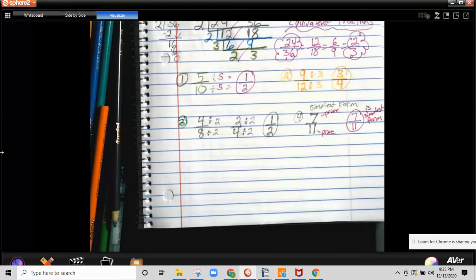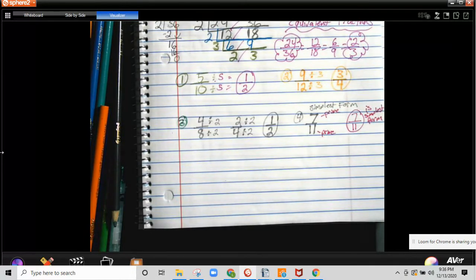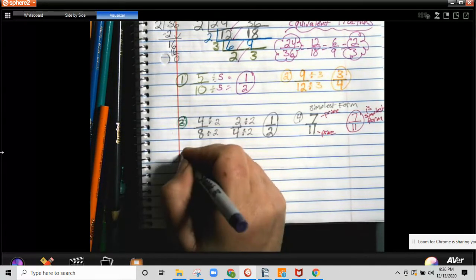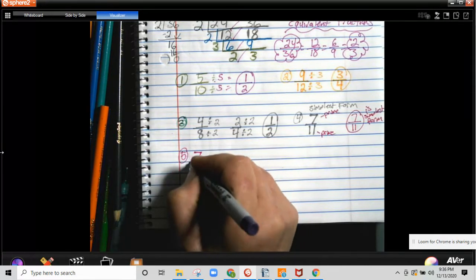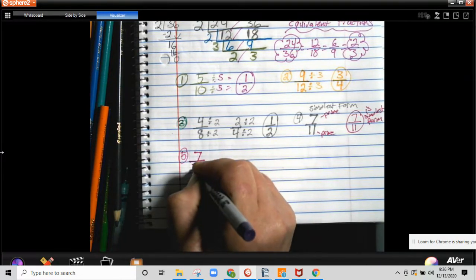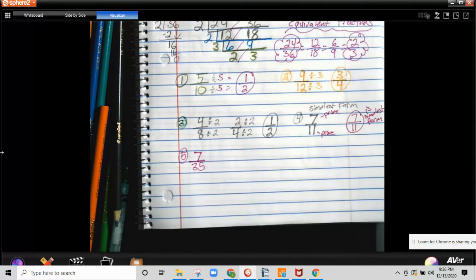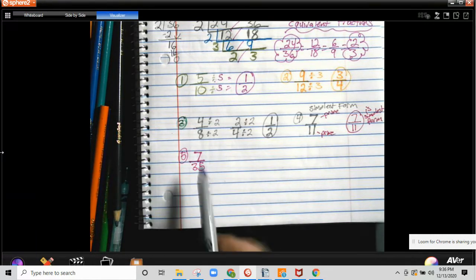These get super fun for me, if you can't tell. What if I have a number that is 7 over 35? Well, when you get ones like these, I know that 35 is a multiple of 7.